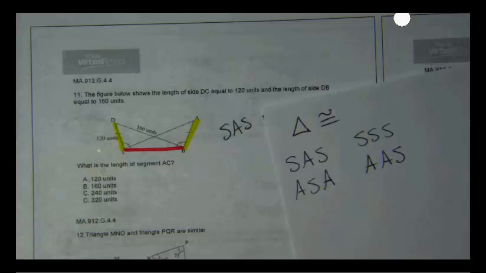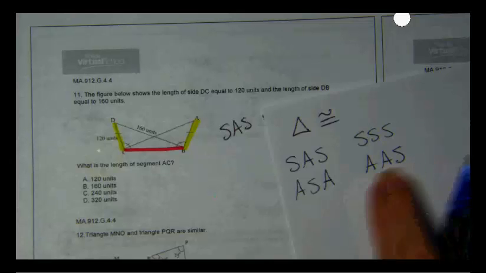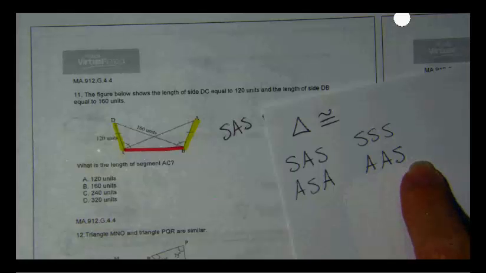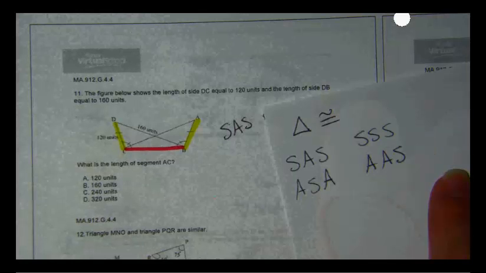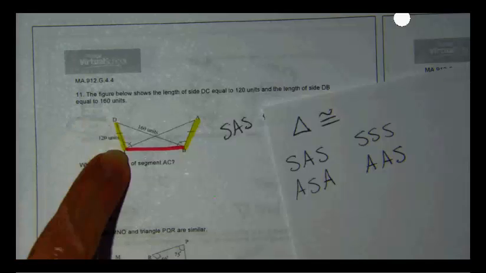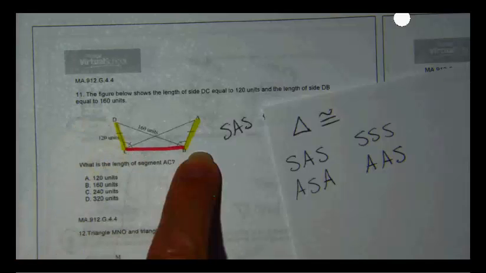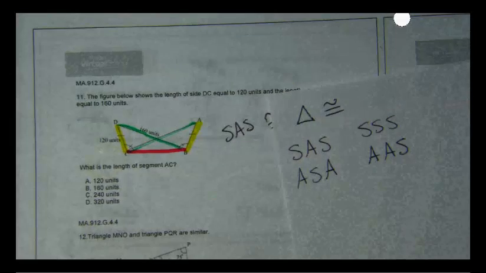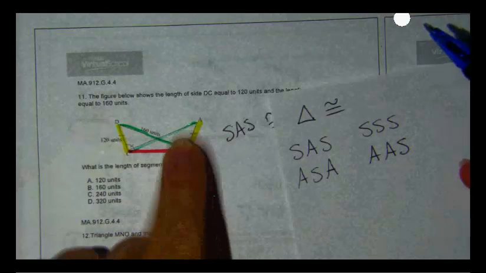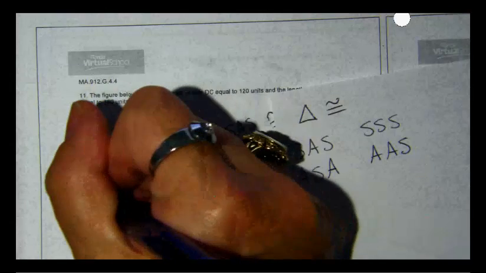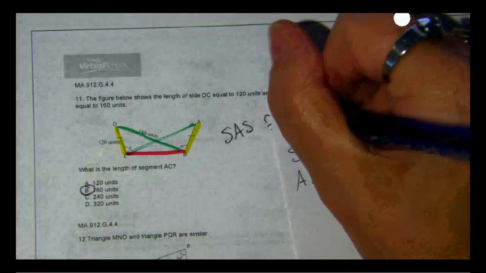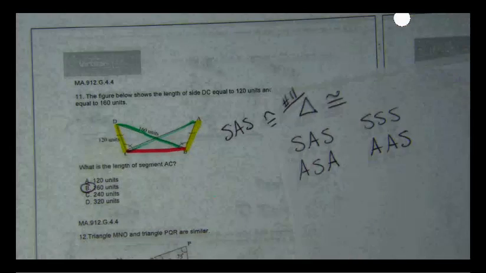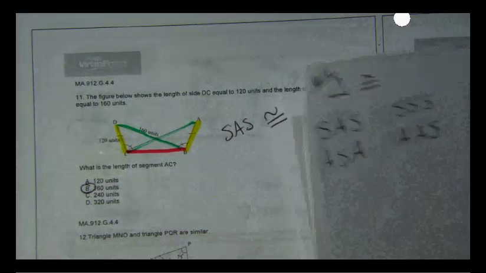Or side, angle, angle, you just flip it around, that's okay. So these are the ones we can use, and then I have side, angle, side, so that means the third sides are going to end up being the same length. So if this is 160, this one's also 160. Any questions on that one?